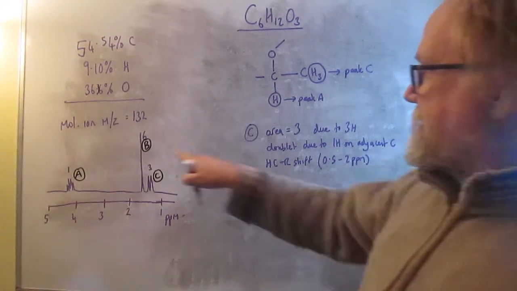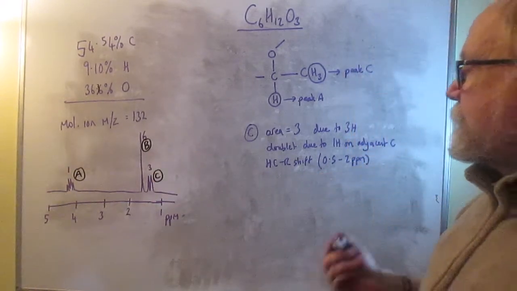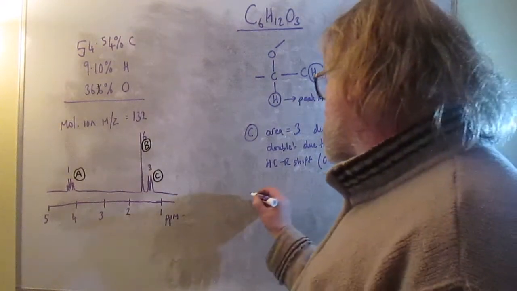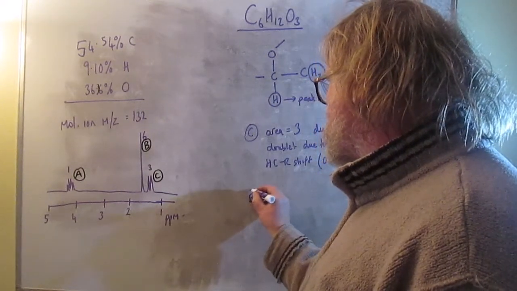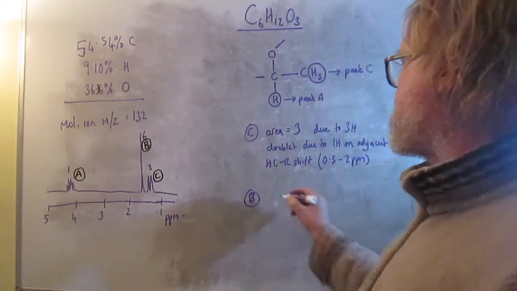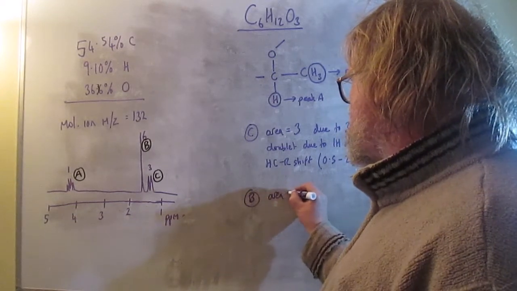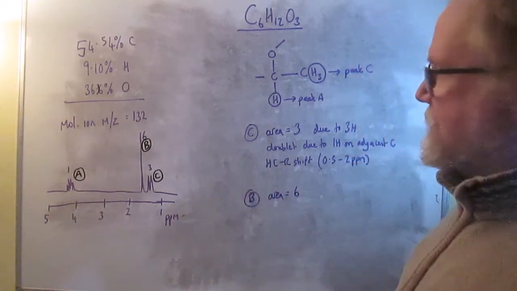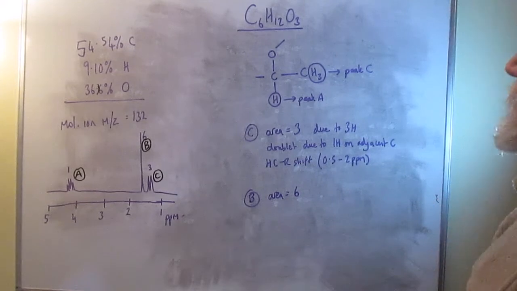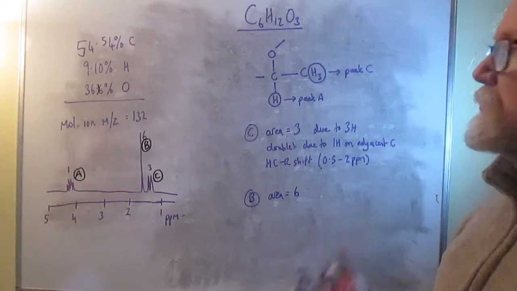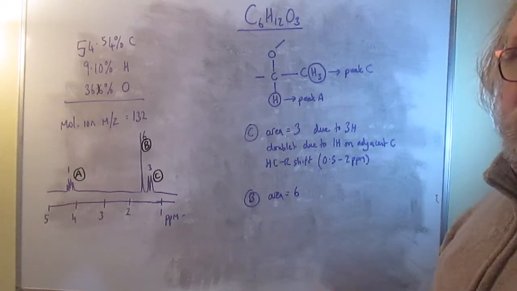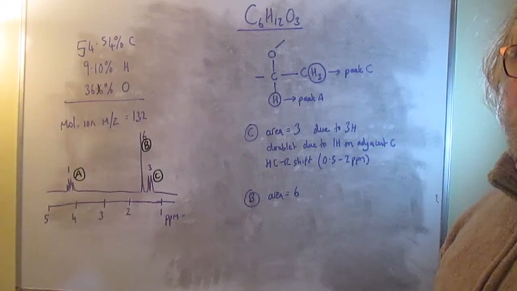So that leaves now peak B, and we've got to think, what can we say about that? Because that's obviously going to be from a different bit of structure. So B has an area of 6. Now when you see an area of 6, 6 equivalent hydrogens is most likely to be 2 equivalent methyl groups.